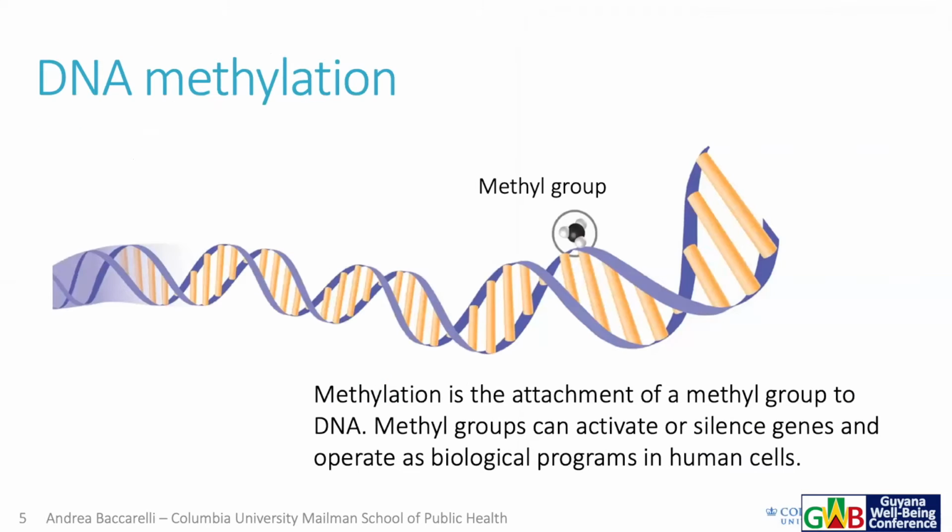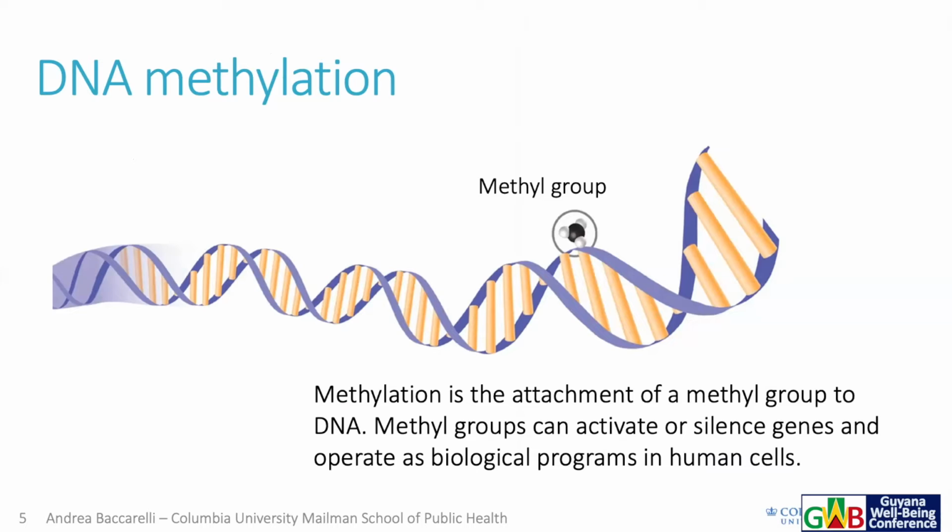So the type of epigenetic mechanism I'm going to review with you today is DNA methylation. DNA methylation is a very simple chemical modification of the DNA. It's a methyl group, CH3, which is added onto the DNA.